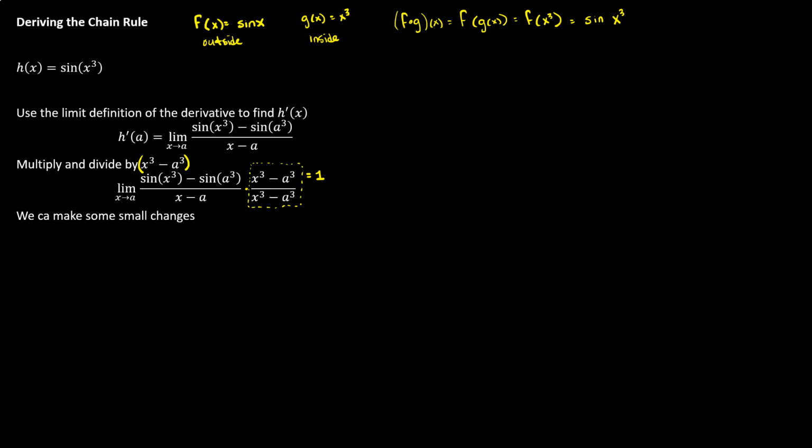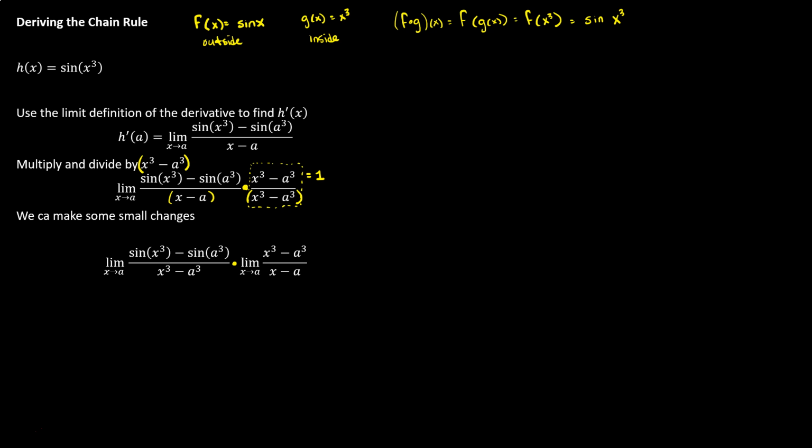We can make some small changes applying limit laws and using the commutativity of multiplication. So I've basically just taken my denominators and had them swap places, and I've split my product to be two separate limits. Remember, there's the limit law that says the limit of a product is the product of the two limits.